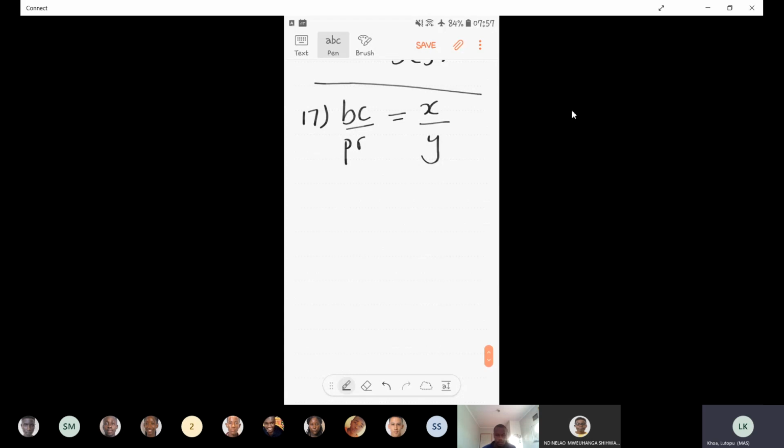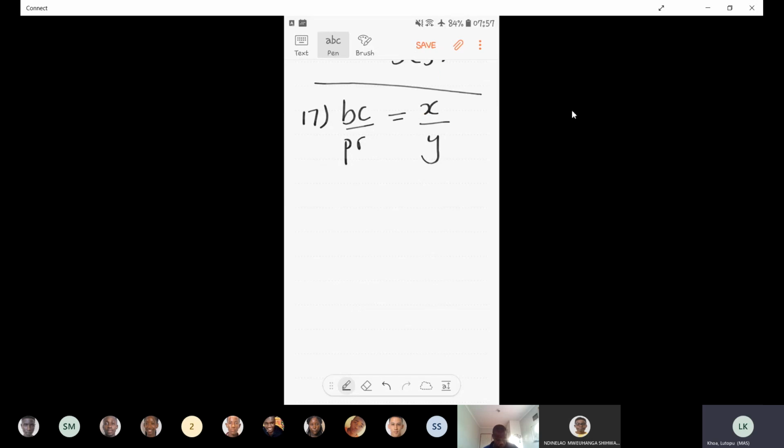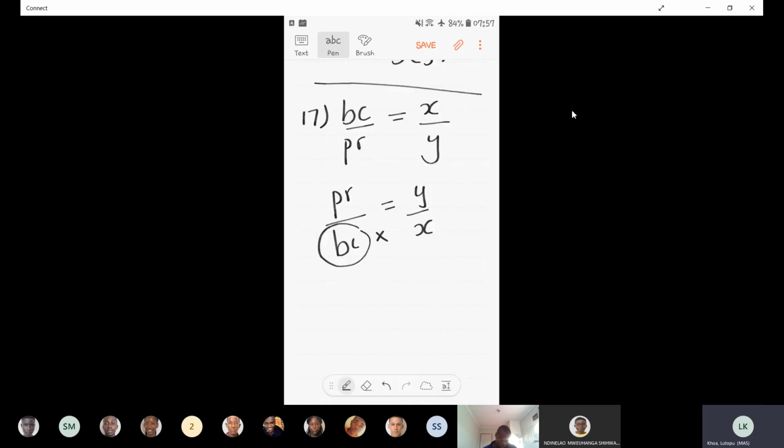So here, I can first start by taking the reciprocal on both sides. So I have PR over BC. This is equal to Y over X. And then I'm going to multiply by this on both sides. So that's multiplying on both sides. Let me use a different color.